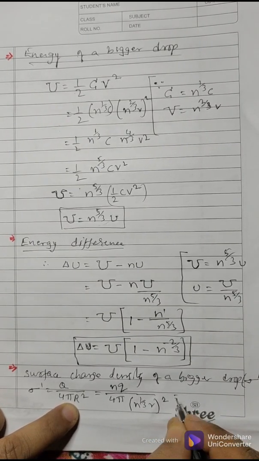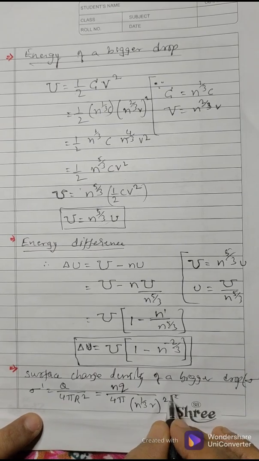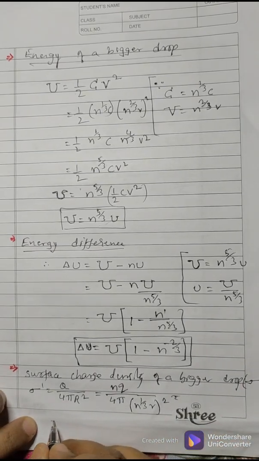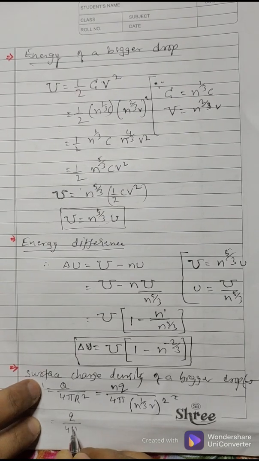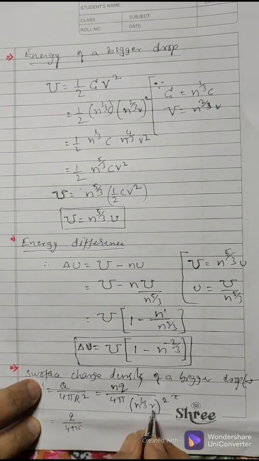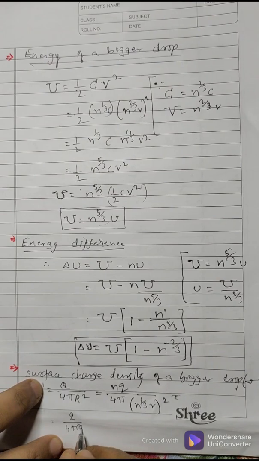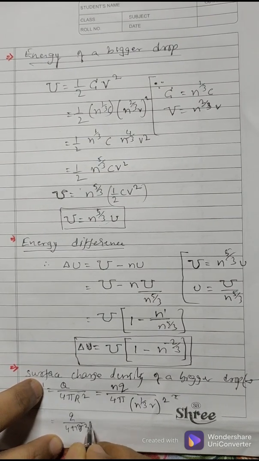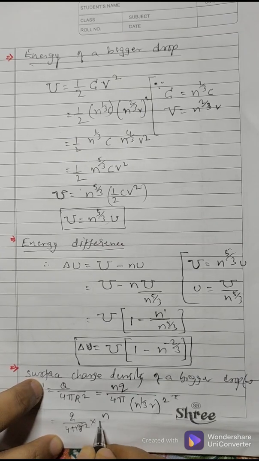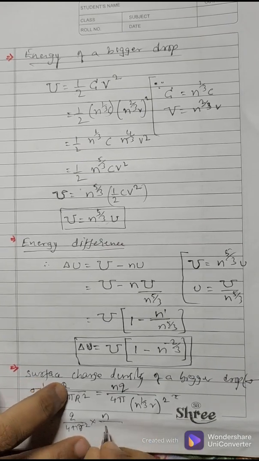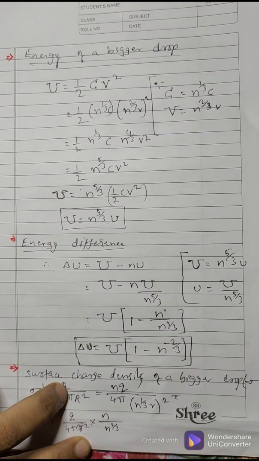Thereafter, after solving this, we can write n q by 4 pi small r square into n divided by n power 2 by 3.